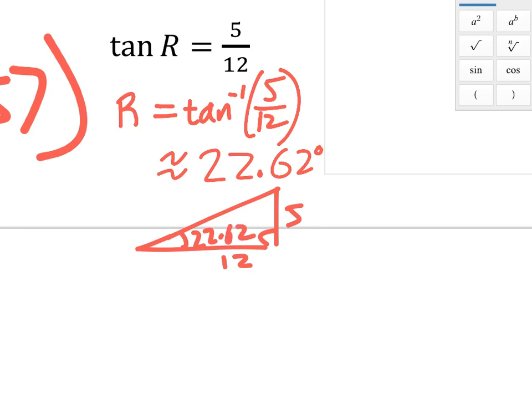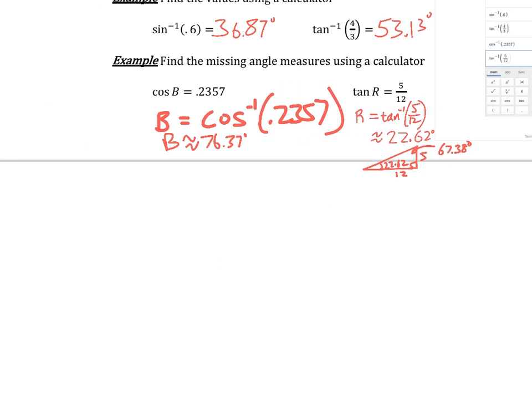This other angle, if we subtracted from 90, would be 67.38 degrees. So sometimes we're going to cut at 22.6, sometimes at 67.38. Great.